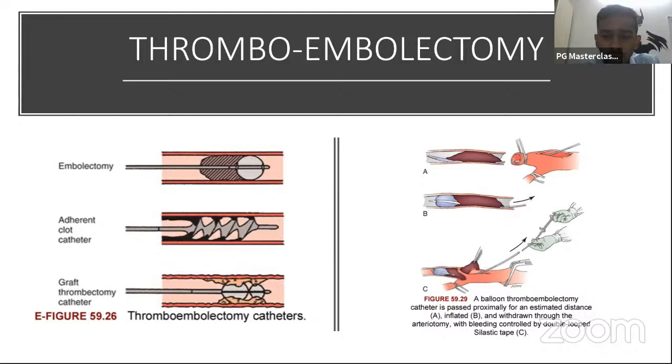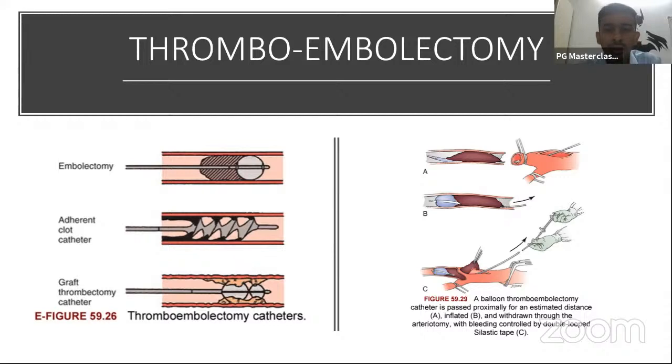So this embolus, once it lodges into any of the major vessels, it can cause upper limb or lower limb ischemia. Once there is an embolus lodged at a particular point, there is further thrombosis formation distal to it. So that is why the term thromboembolectomy is used.